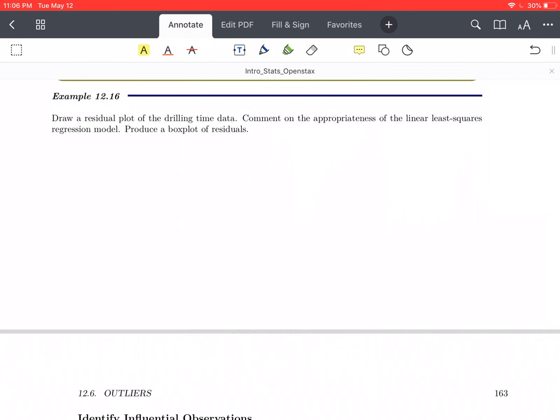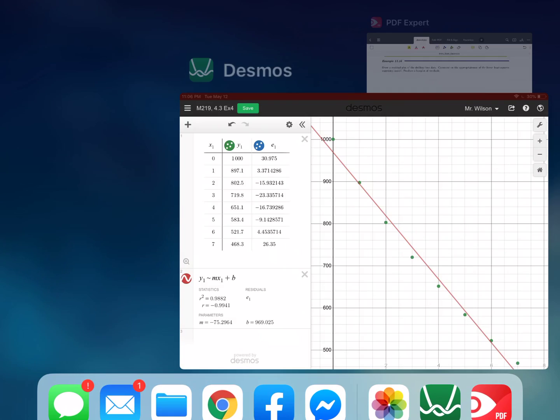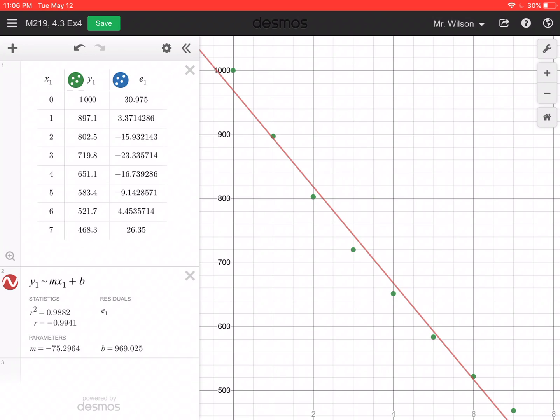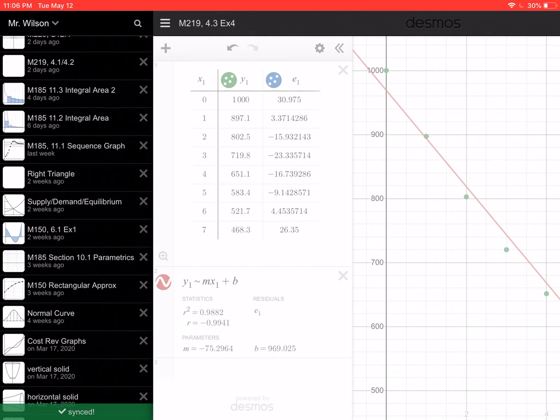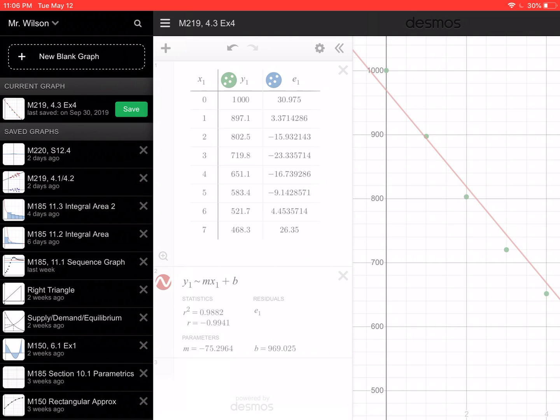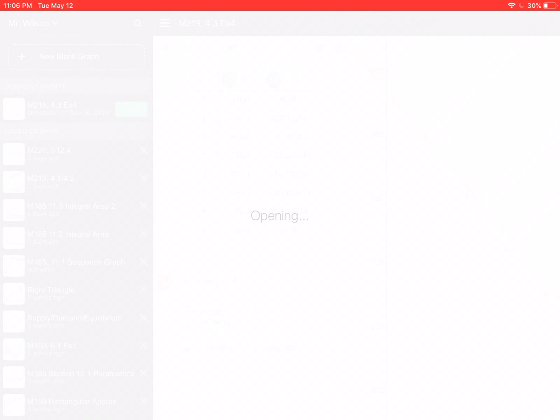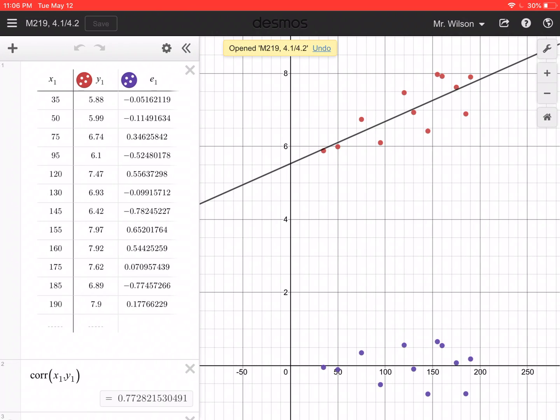So let's go back to that graph. So let me pull it up here. Where is it? There it is. Okay, so remember this is the graph that we were working with before.